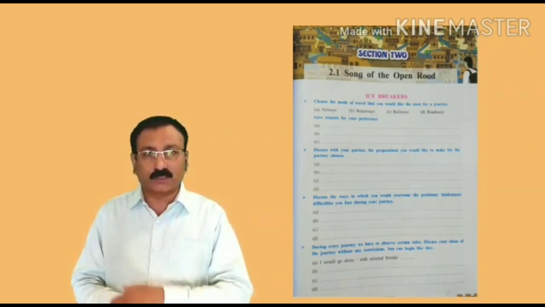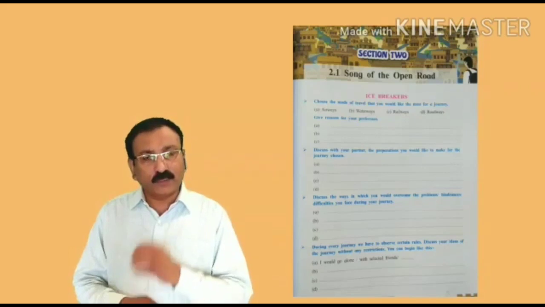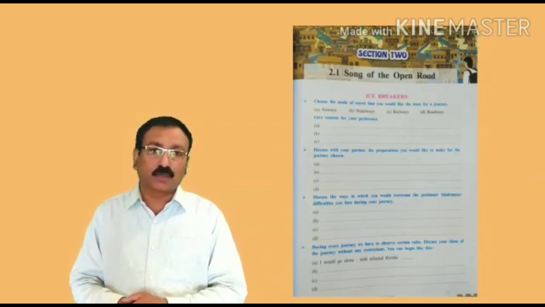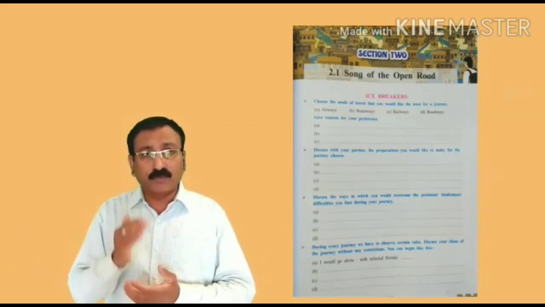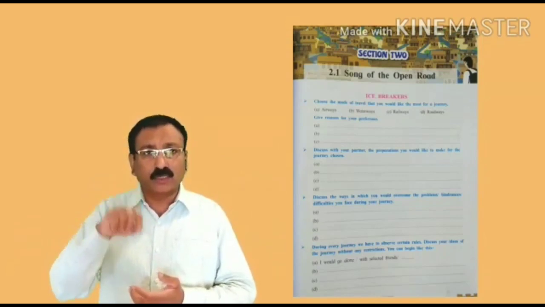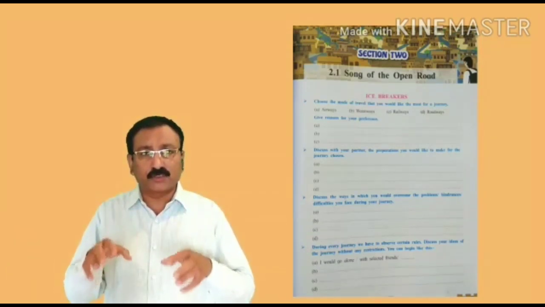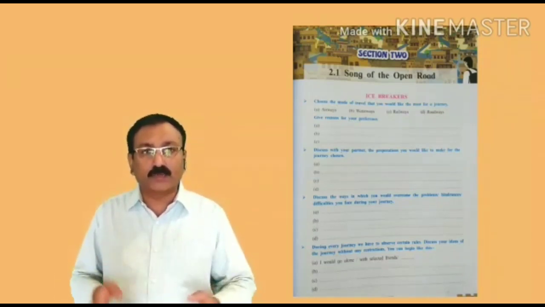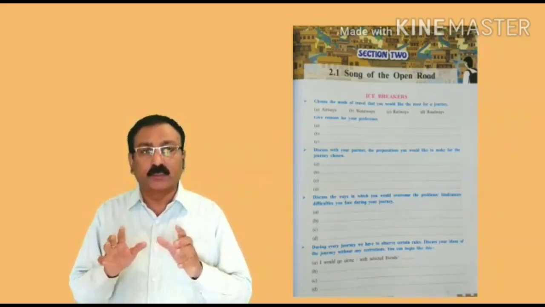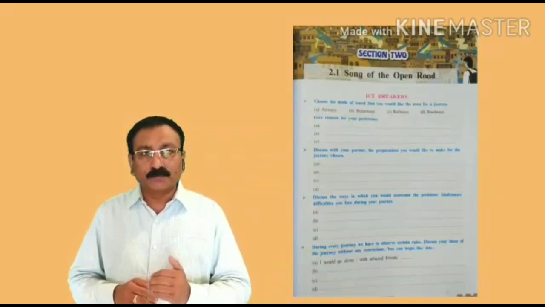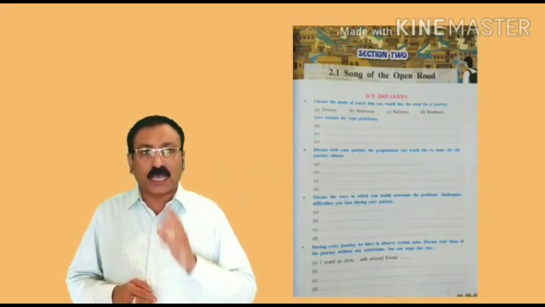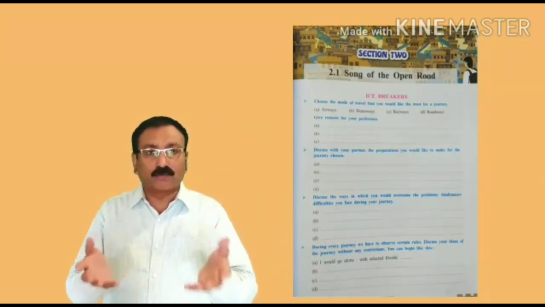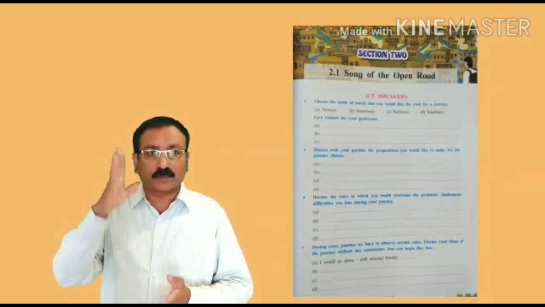If we have pre-knowledge about something, it becomes very easy to comprehend that particular prose lesson or poem. Before each poem or lesson, the icebreaker section is given purposefully so that the student goes through all the activities in that section, and once you solve all the activities given in the icebreaker section, it becomes very easy for you to understand that poem or lesson.